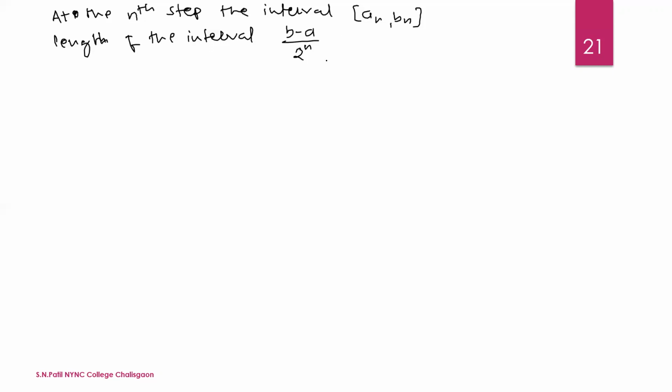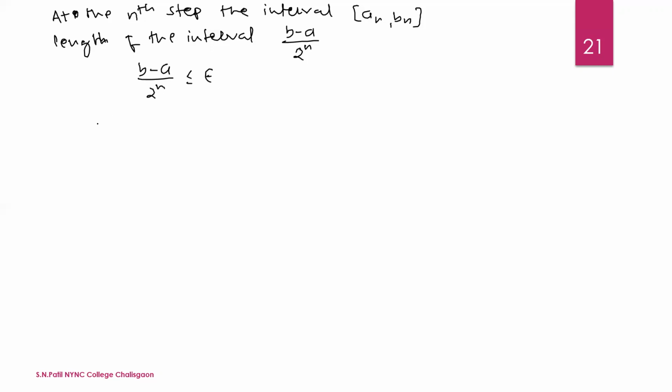It means this value is very small, that is, we bisect every interval and get close to the desired root. So this value is less than epsilon.